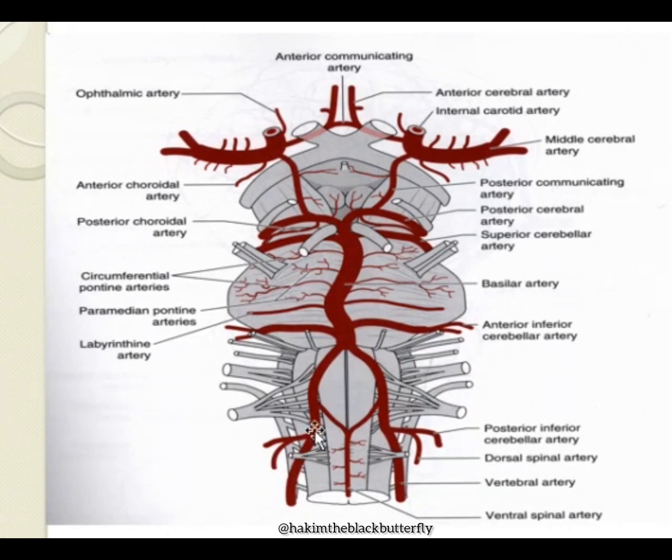The vertebral arteries will continue to ascend, and as they are ascending, they give off two branches anteriorly. These two branches meet at this median sulcus, which separates the two medullary pyramids. These are medullary pyramids.